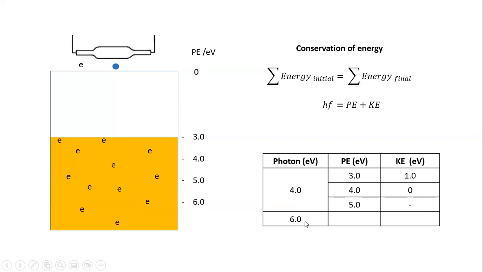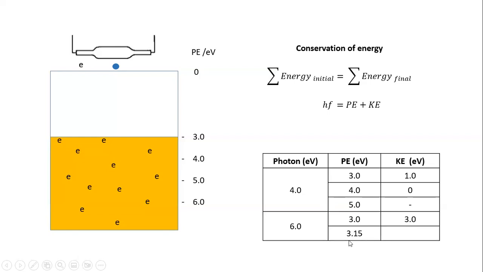Okay, if I increase the energy of the photon, let's say, for instance, I use higher energy electromagnetic radiation, this electron that has 3 electron volts potential energy can absorb this 6 electron volt photon. It's going to come out. But when it comes out, it's going to have excess energy of 3 electron volts, and the excess energy will be in the form of kinetic energy.